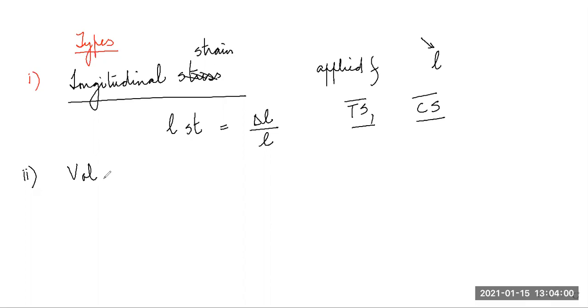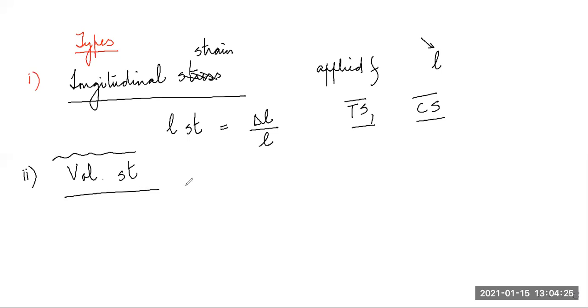Hydraulic stress gives rise to volumetric strain. So you remember the ball dipped in high pressurized fluid. Its geometry remained same, but its volume decreased, right? So there we have volumetric strain.